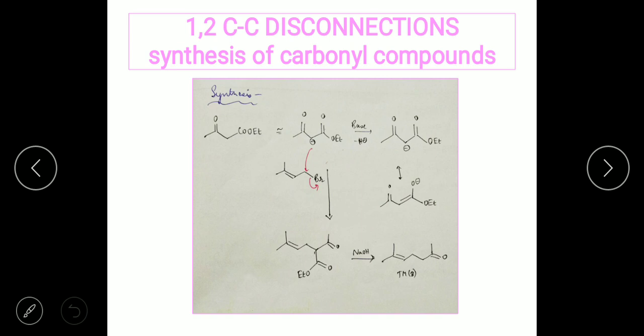So the first step would be deprotonation. Once you deprotonate, you are going to get a negative charge, that is an anionic ketone group. This can also be written in the enol form, in this form.